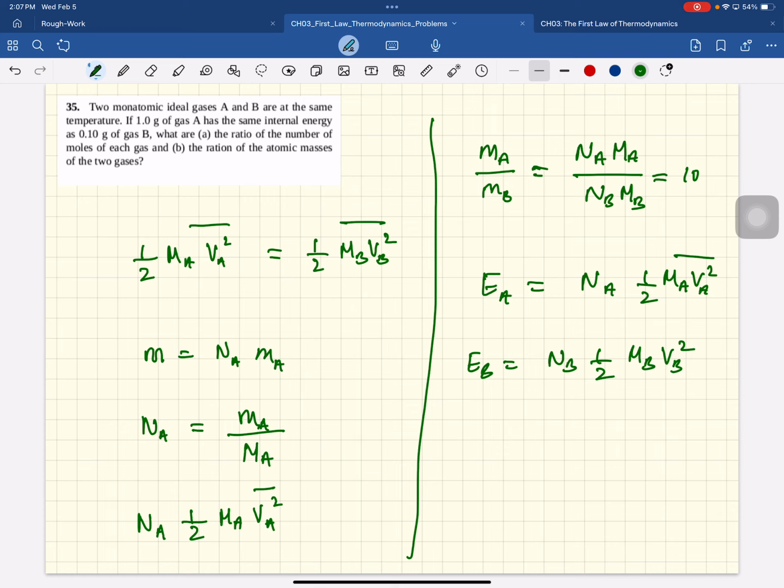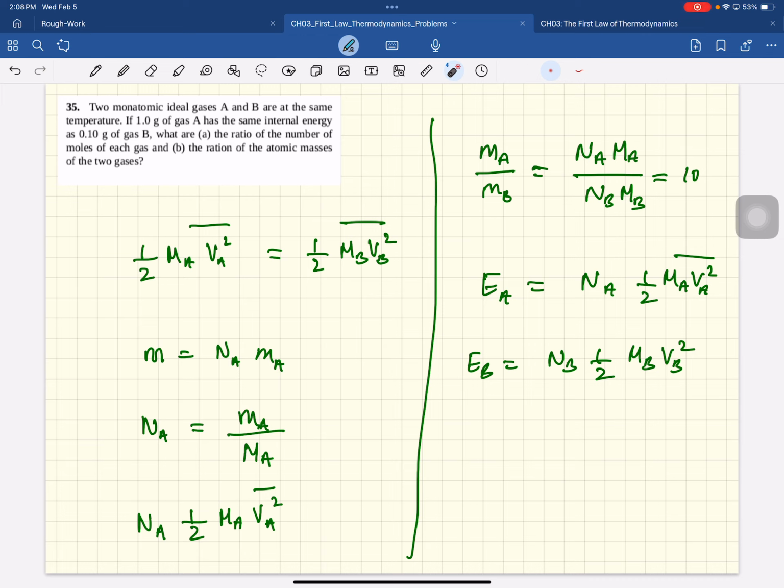From this equation, what we have is N_A over N_B.